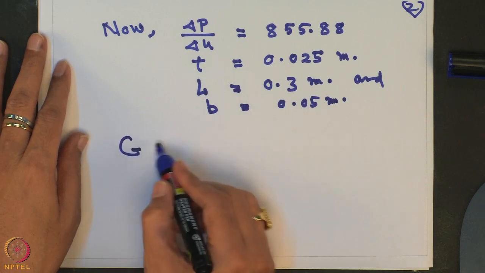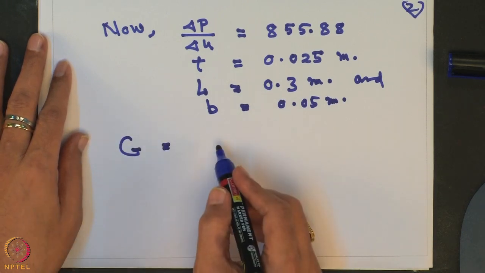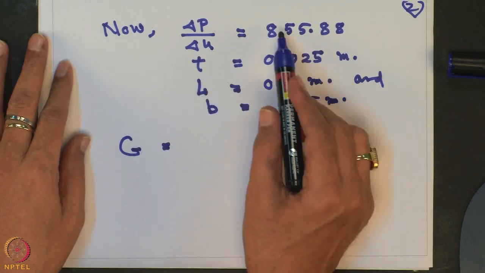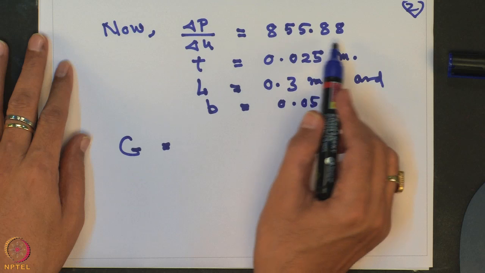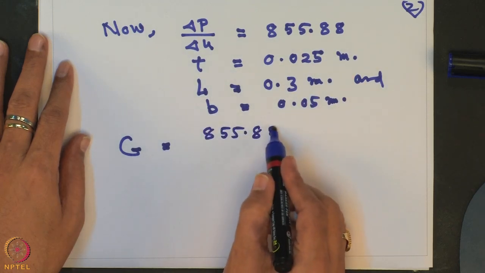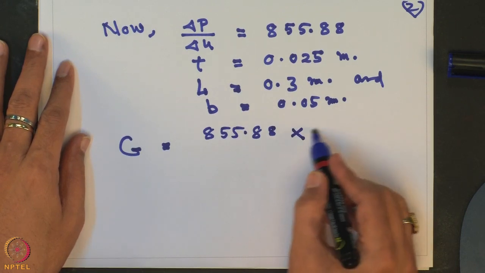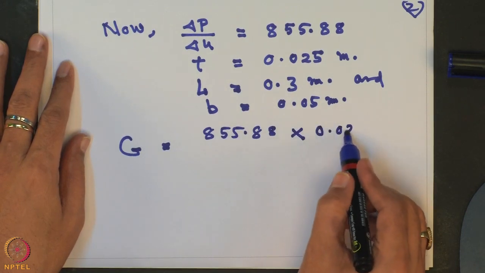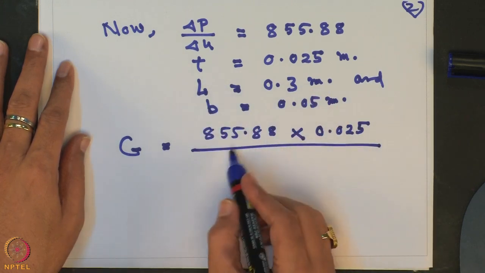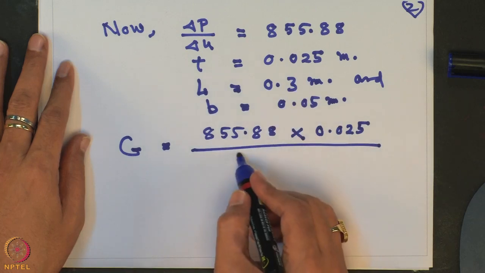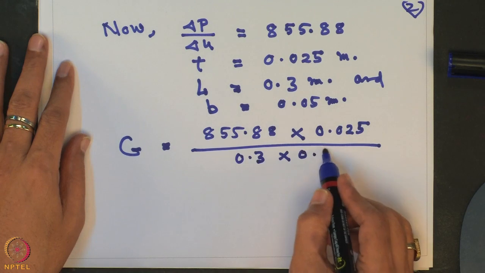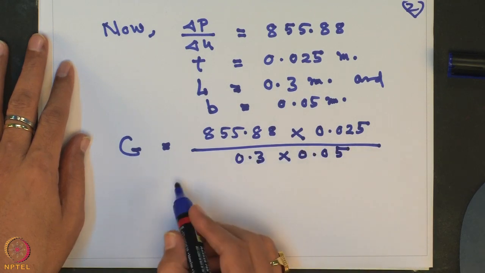So, you can calculate from the earlier equation, G is equal to delta P by delta U, that means 855.88, into T, which is 0.025, divided by length, which is 0.3, into B, which is 0.05.